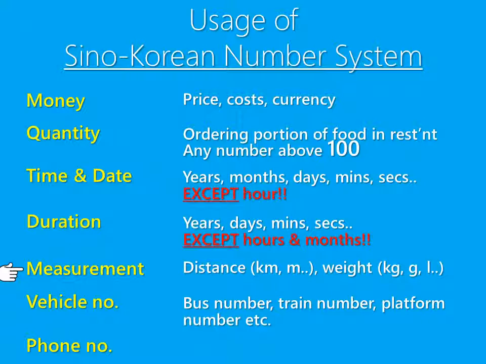We use Sino-Korean number system for that. Also, if you want to ask for a particular bus number in Korea or train number, or even phone number, then you use Sino-Korean number system. So it sounds like most of the time you will be using Sino-Korean number system, which is quite easy for you to get. Okay.